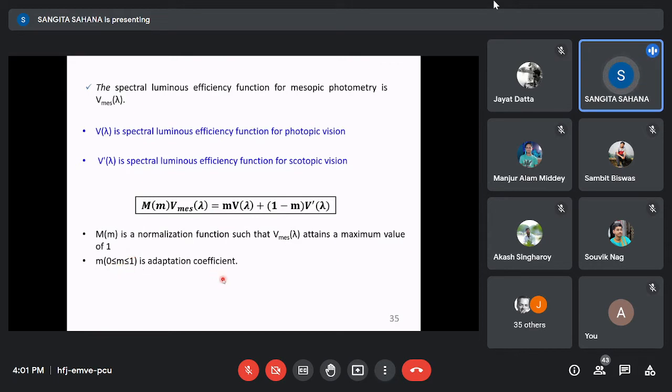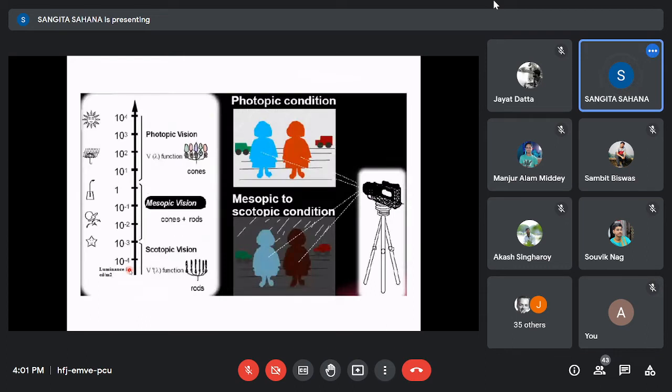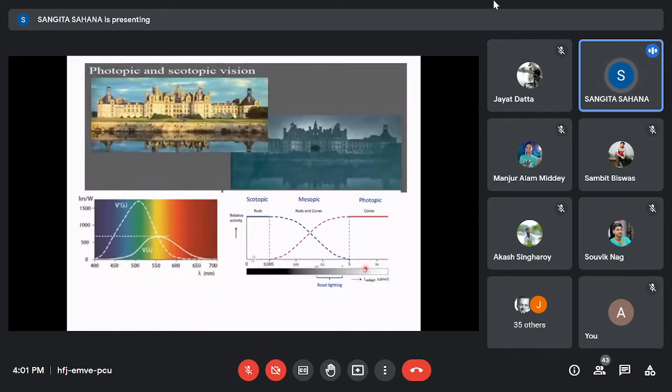M is the adaptation coefficient. The value is from 0 to 1. So when all the cone cells are functioning, when it is completely photopic vision, the value of the adaptation coefficient is 1. And when it's rod cells, scotopic vision, it's 0. In between 0 and 1, we have the mesopic values. When the light is increasing, the participation of cones is increasing, and the value of M is also increasing from 0 to 1.